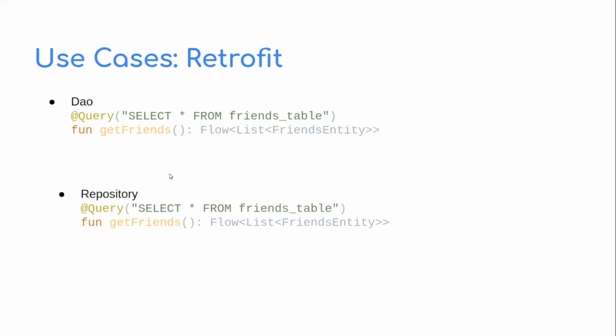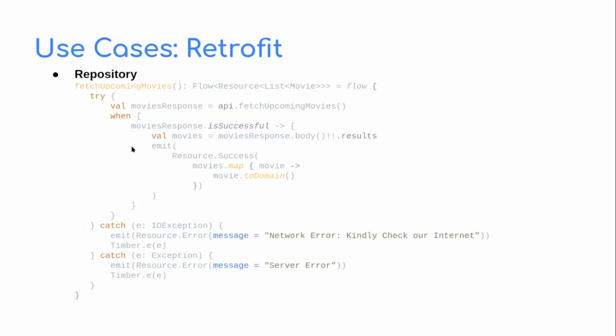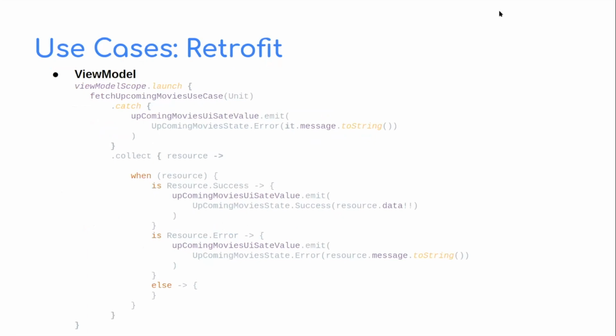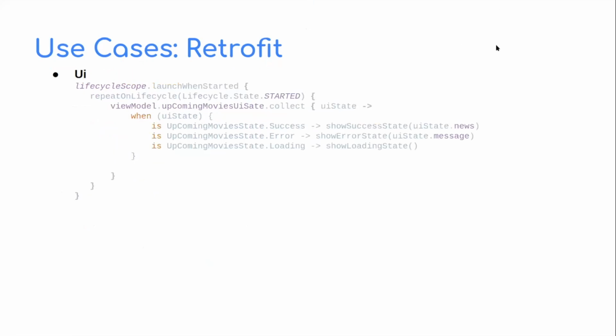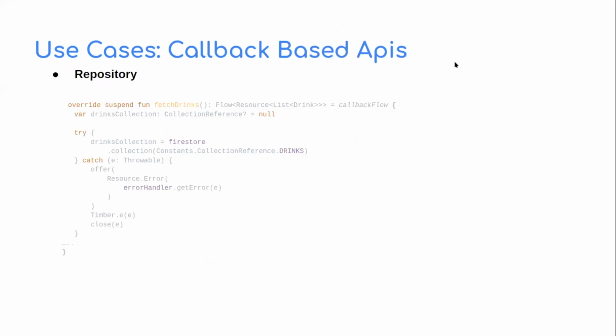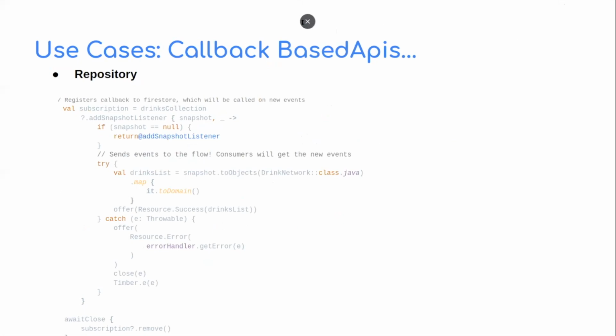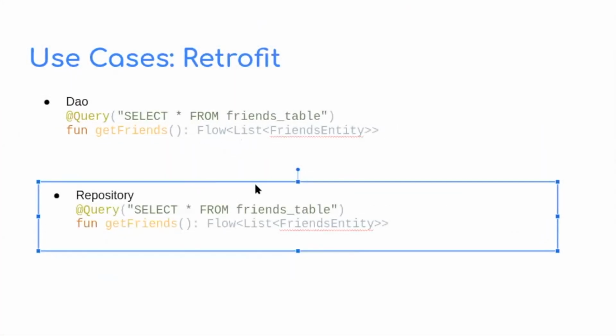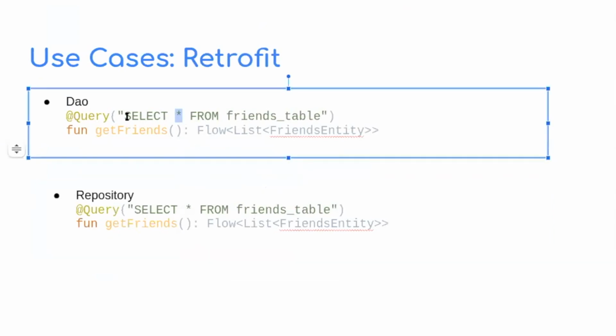So let's say we are fetching data from our endpoint. Retrofit also supports the use of suspend functions.